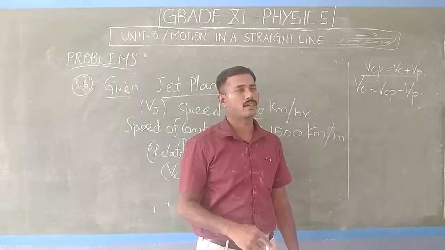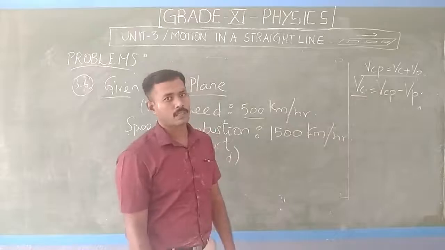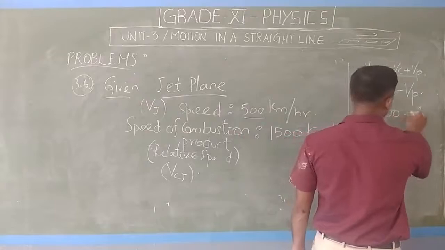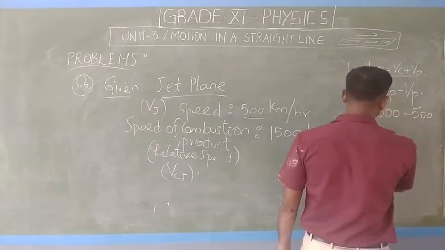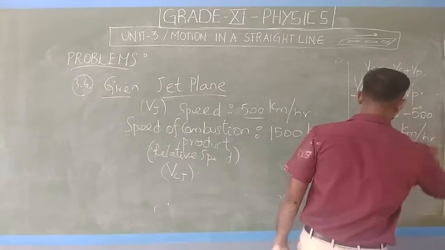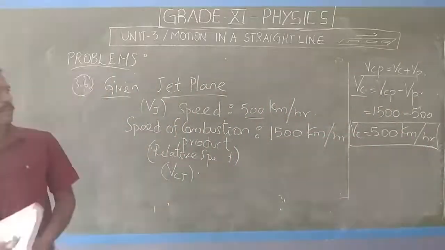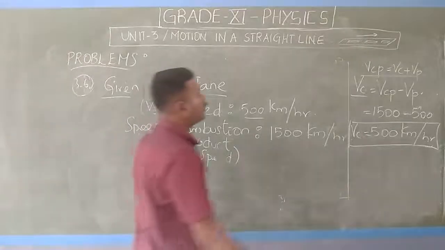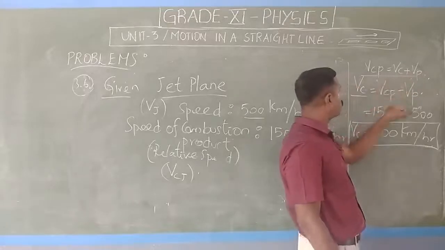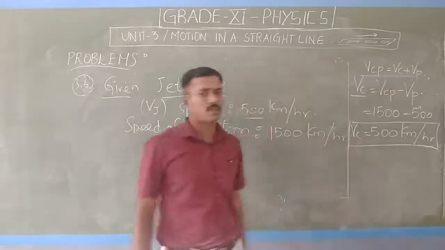So from that I am extracting the velocity of the combustion Vc, that is Vcp 1500 minus 500. So what is Vc? That is 500 kilometers per hour. So the relative velocity of the combustion product is Vc plus Vp, and from that I am finding Vc, the velocity of the combustion product, from the given values of Vcp and Vp.